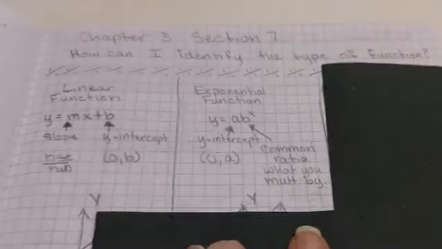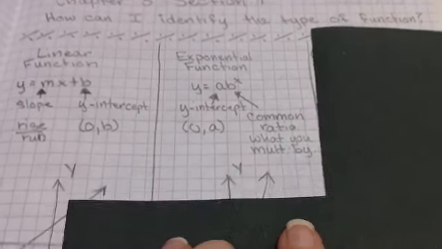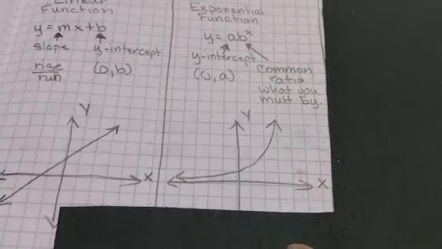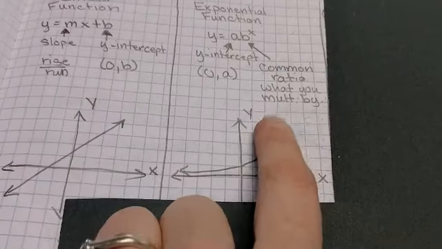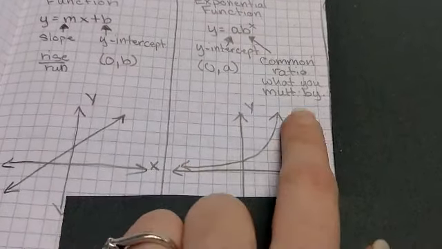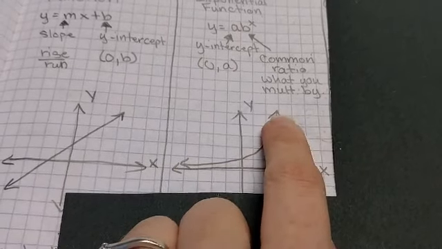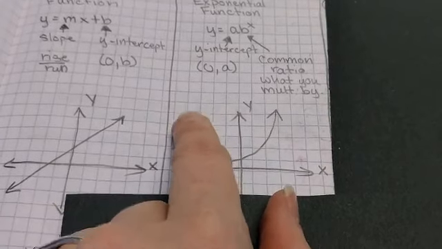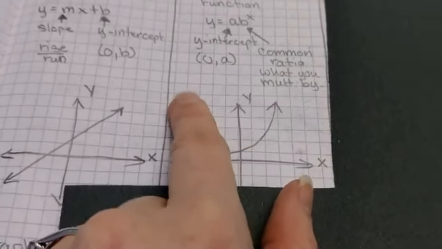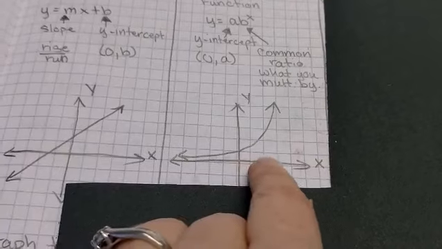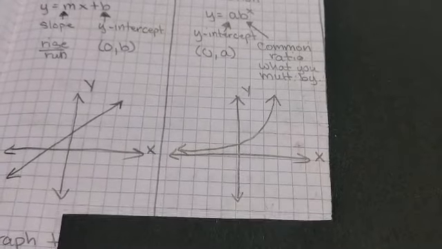Now when you graph an exponential function, it's going to look something like this, where it's kind of like a J shape. It's a curve. So it can go like this, where it starts out small on the left and then it gets bigger as you go to the right. Or it could be going the opposite direction, where it starts out big on the left and it gets smaller as you go to the right.